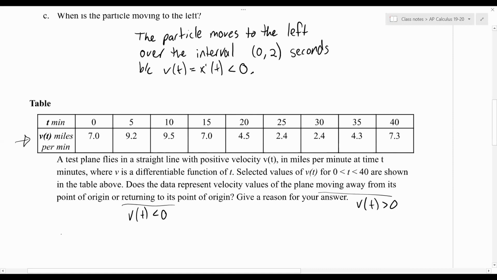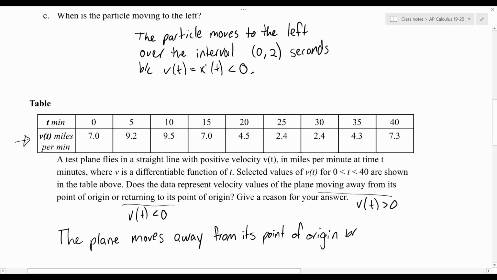So we're going to say the plane moves away from its point of origin because v of t is positive.